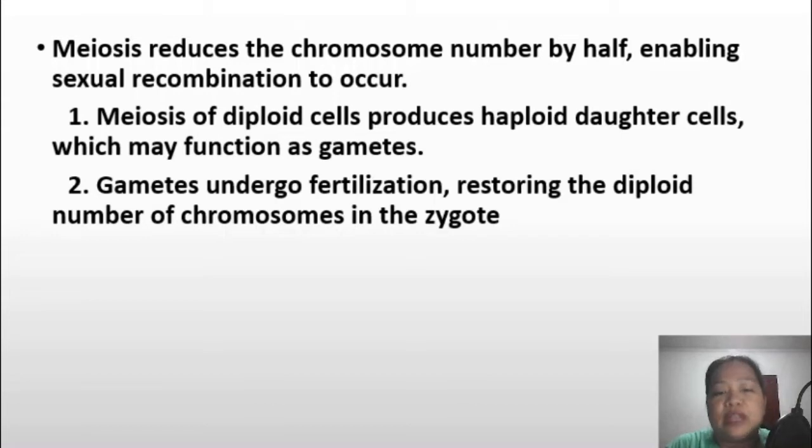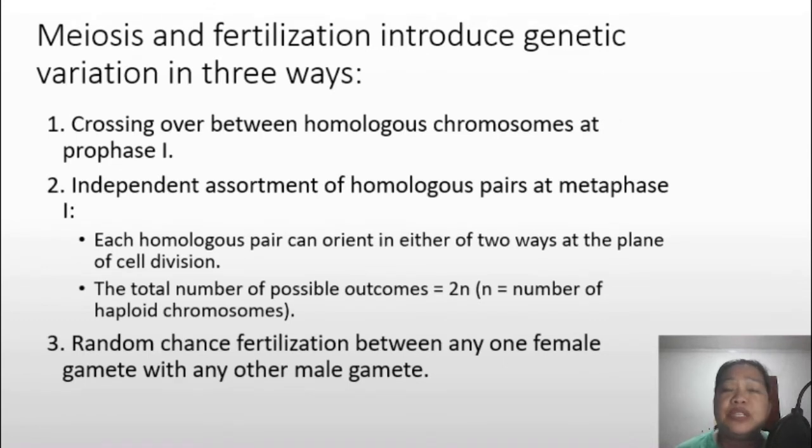The ova always carry haploid chromosomes, while the sperm also carry haploid chromosomes. Meiosis and fertilization introduce genetic variation in three ways. So this is the time that we became different from each other, even though we belong to the same species.